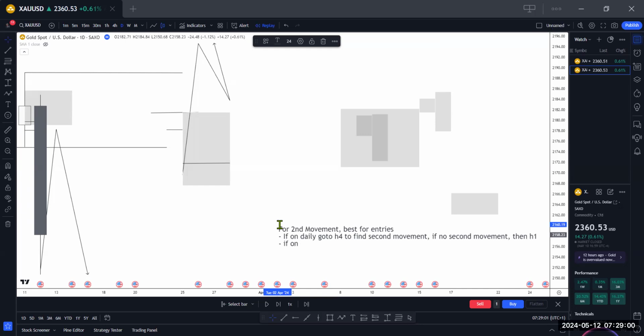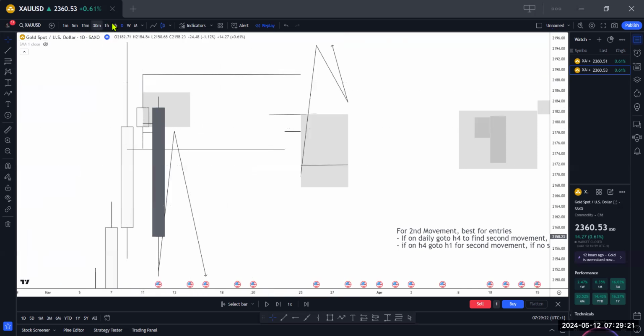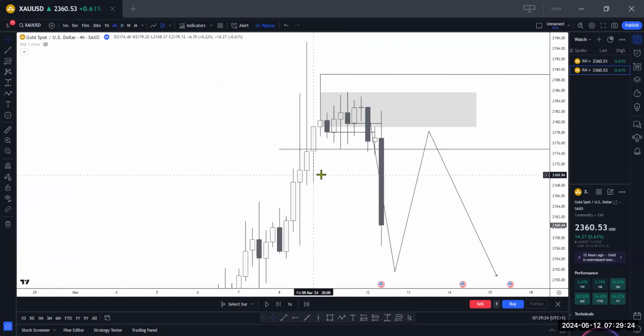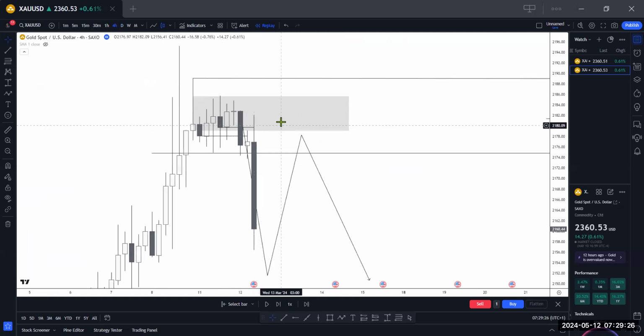If on H4, go to H1 for second movement. If there's no second movement, go to M30. So the idea is to go one time frame lower. So where is the second movement? These are daily. But let me retrace back a bit. So the first one is this is a breakout, right?